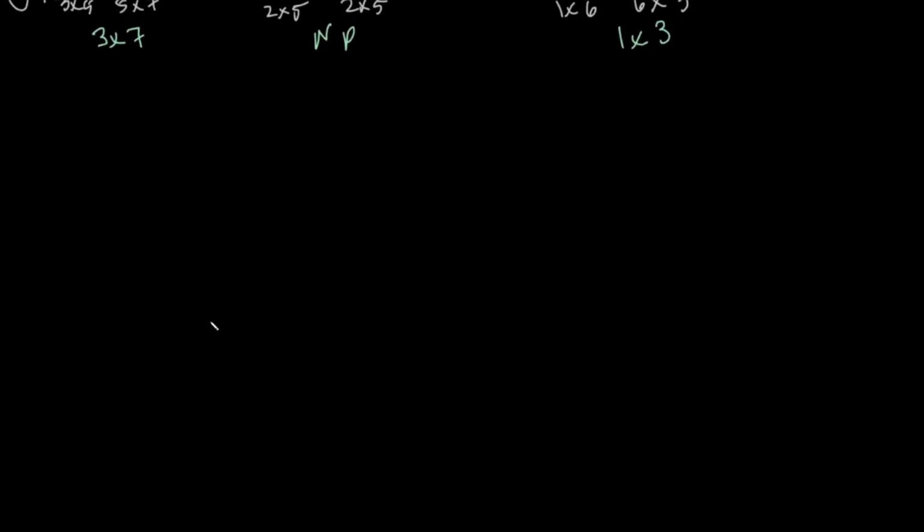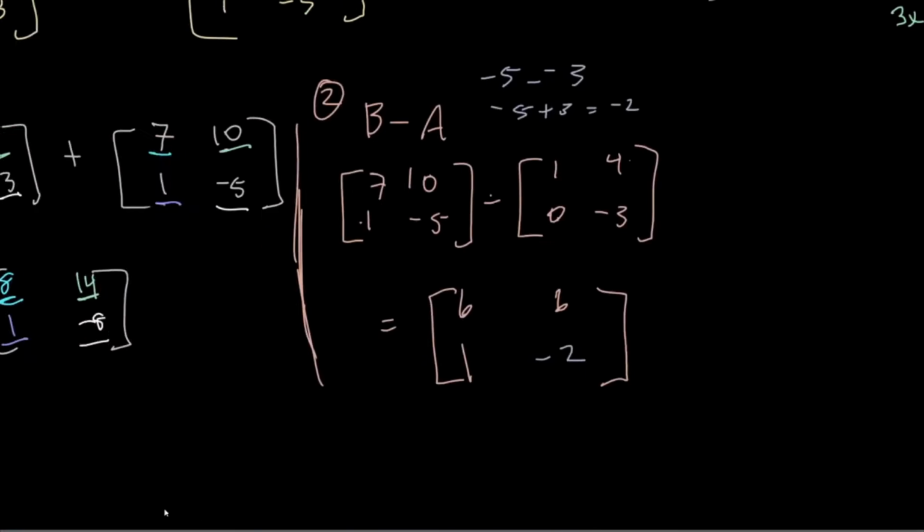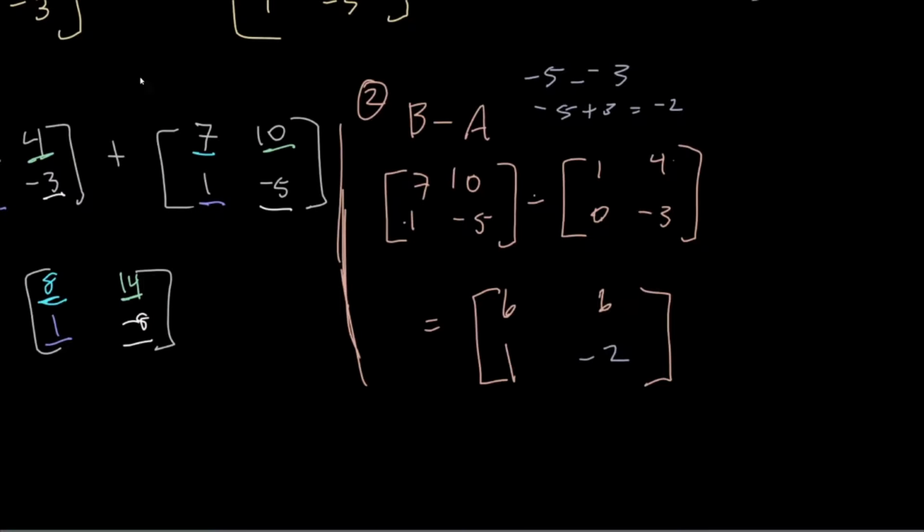So let's talk about how to multiply 2 by 2 matrices. I want lots of room for this, so I'm going to start a new page. Today is the 14th. New page, please.